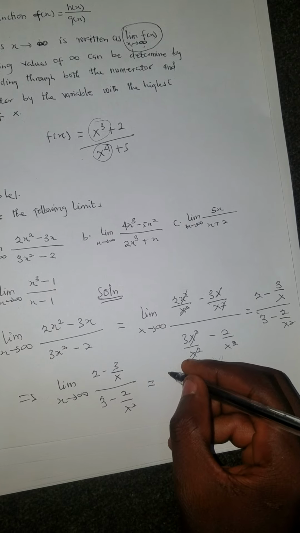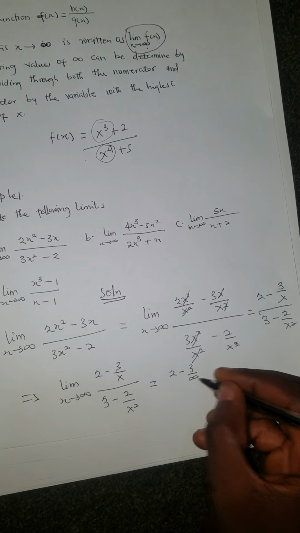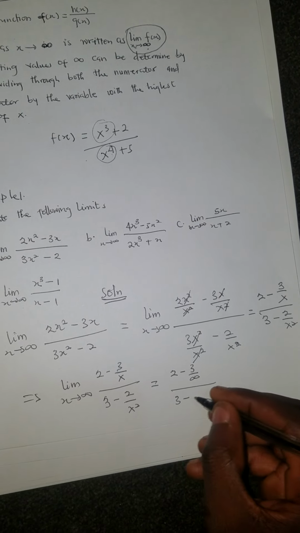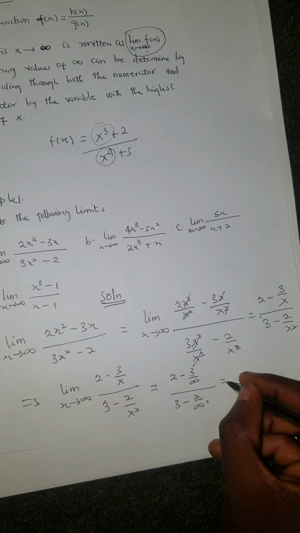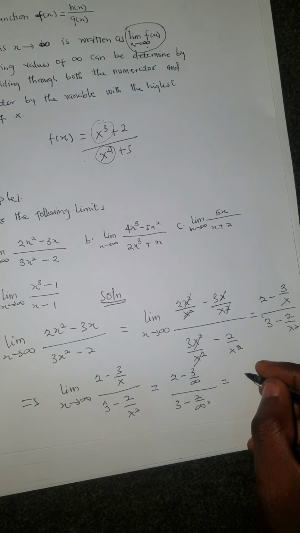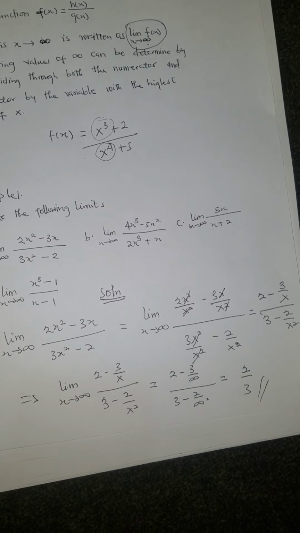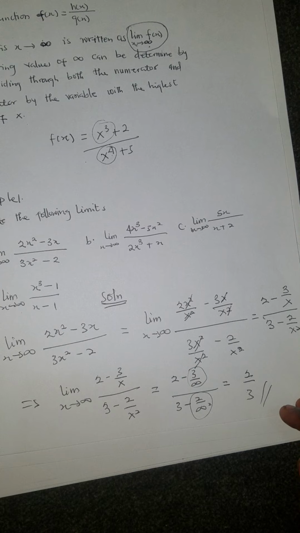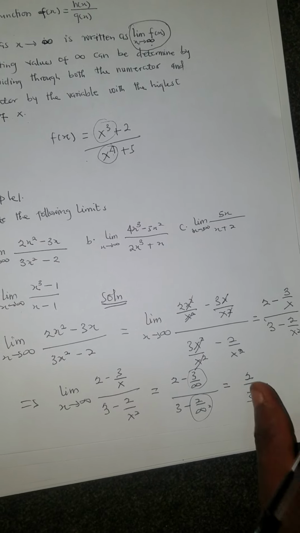You get 2 minus 3 over infinity all over 3 minus 2 over infinity square. Where you see 1 over infinity, it is 0. So it will be 2 over 3. 2 over 3 is your answer, because this is 0, this is also 0.